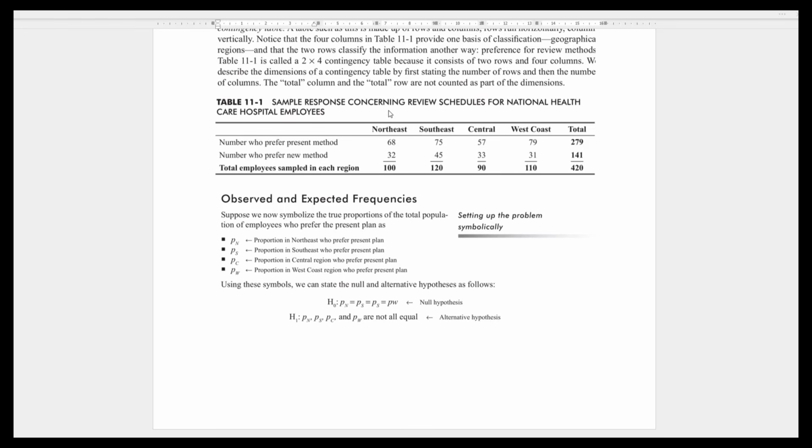How many employees prefer the present method and how many prefer the new method? This contingency table gives you this information, and you can add the totals. Those who prefer the present method number 279, and those who prefer the new method number 141. In the Northeast you have selected 100 employees, Southeast 120, Central 90, West Coast 110 employees.